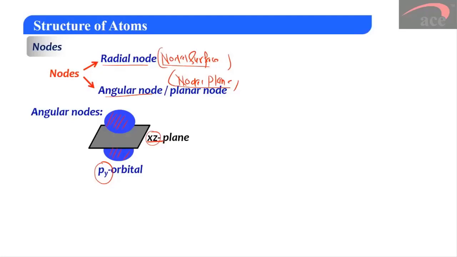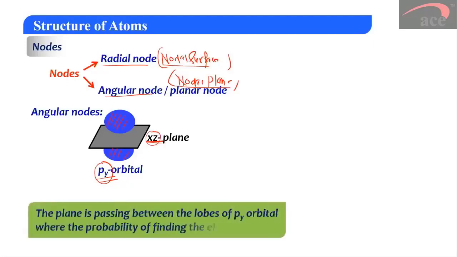Because the nodal plane is present on xz, so the electron density will be on py. You got this? If we have to find the electron density when the nodal plane is given, the trick is: if it is written xz, then y is not mentioned, so definitely the orbital will be py. Similarly, you can find out for px and pz orbitals.